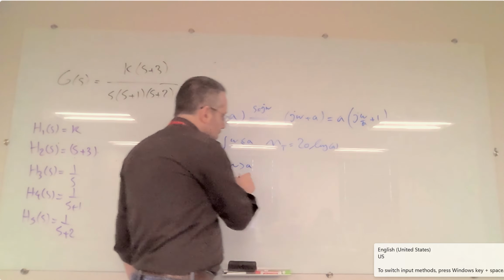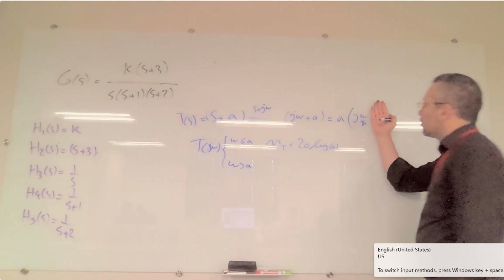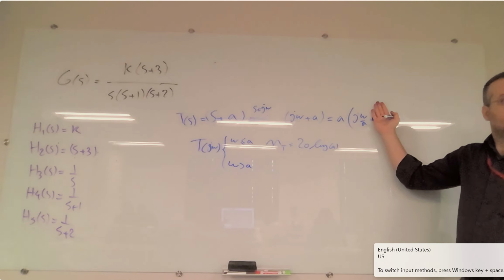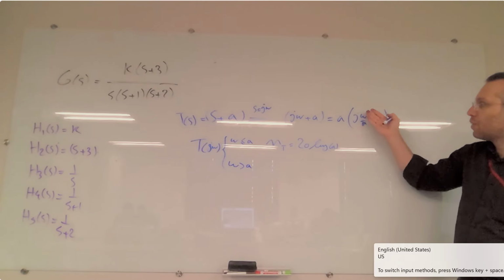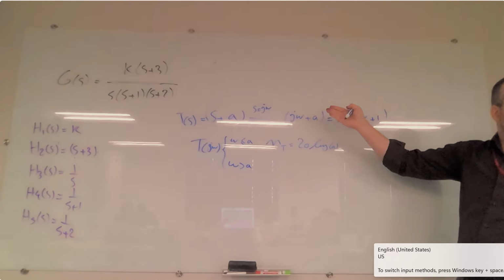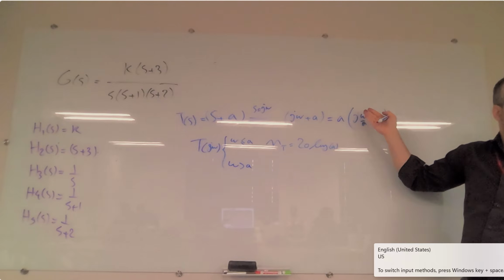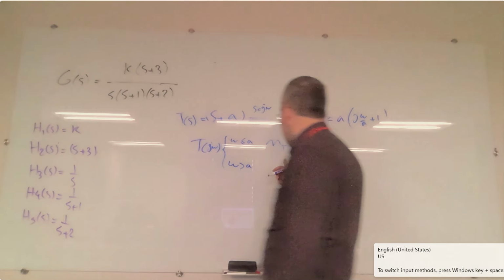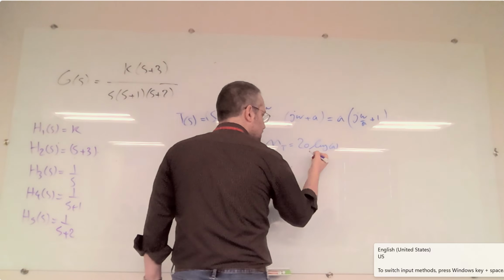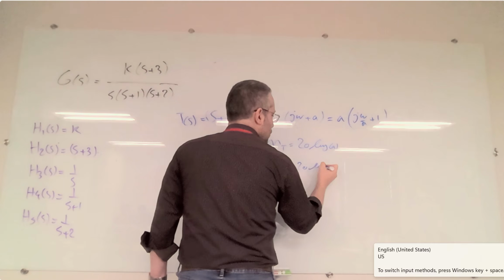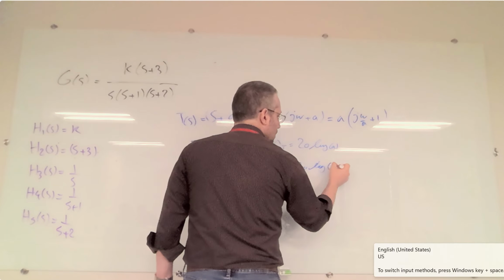What if omega is bigger than a? Then I can ignore this part. So it becomes a times j omega over a. The a's cancel each other out, so I have j omega. So now, for this, my magnitude becomes 20 log of omega.